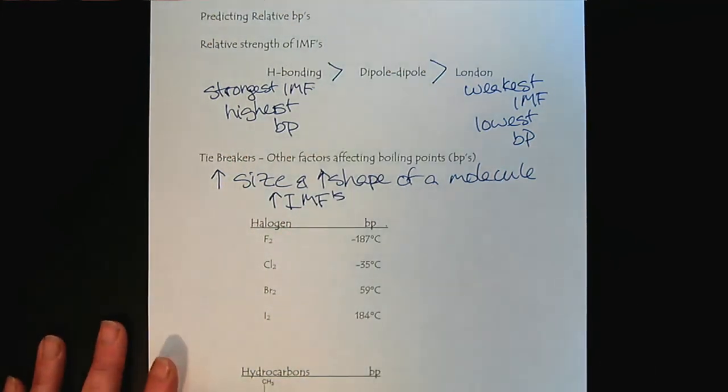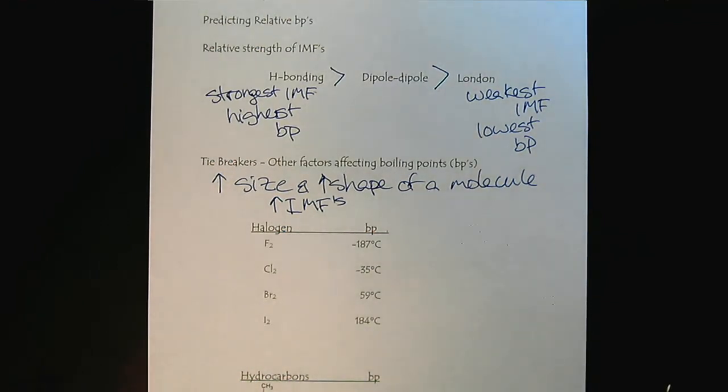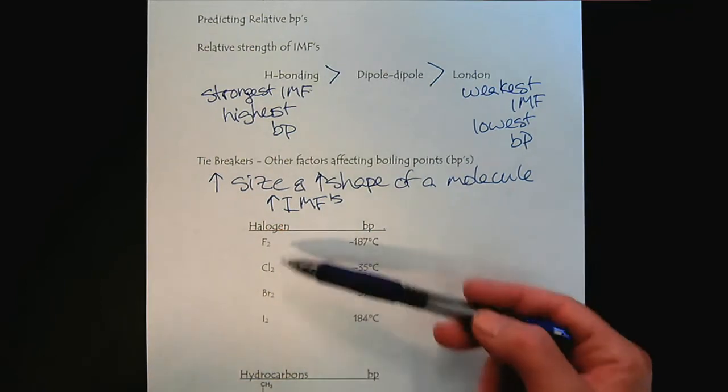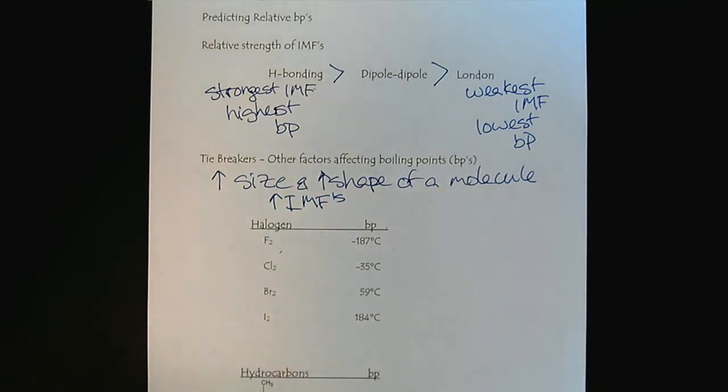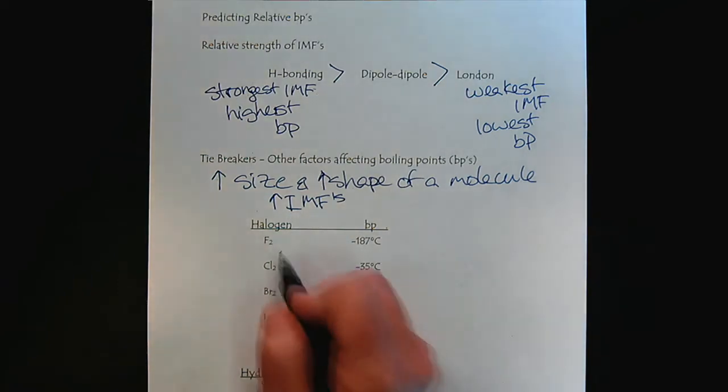Alrighty, so let's look at a couple examples of how we can apply the tiebreaker. This first example takes advantage of our understanding of the periodic trend of size. Notice here we have fluorine, chlorine, bromine, and iodine. These molecules are all nonpolar.